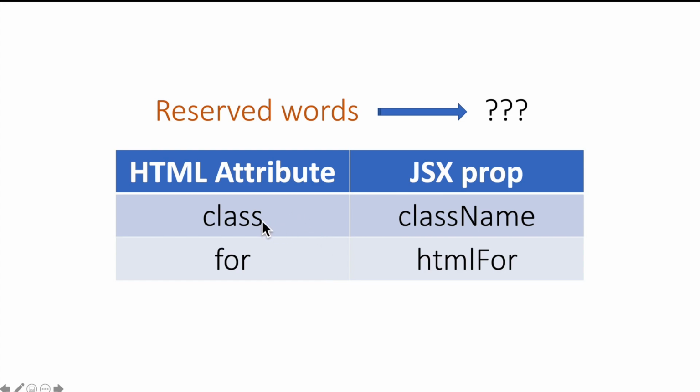One is class, and we have to use className for it, and the second is for, and we have to use the corresponding JSX prop htmlFor. We use them quite a lot, so it is probably worth noting them down somewhere. So we have to use className for the class attribute, and we have to use htmlFor for the for attribute.